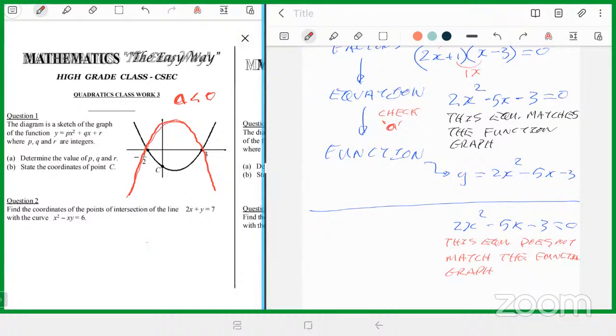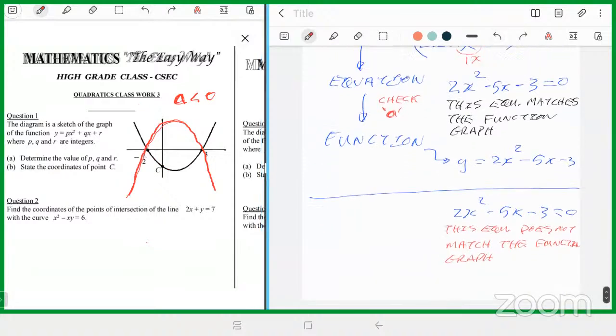But if we're using the red one instead, that's a frown, and we want the squared term to be negative. In addition, in this equation the C value is negative, but on the red graph the C value will be positive. So that also shows that we don't have a match.